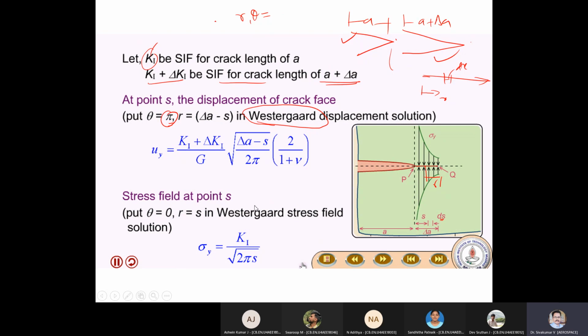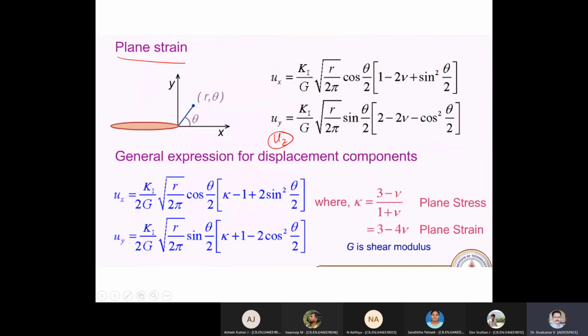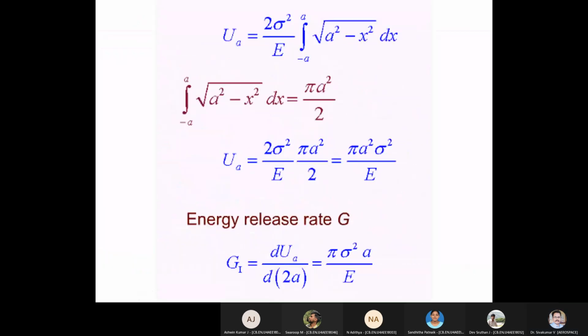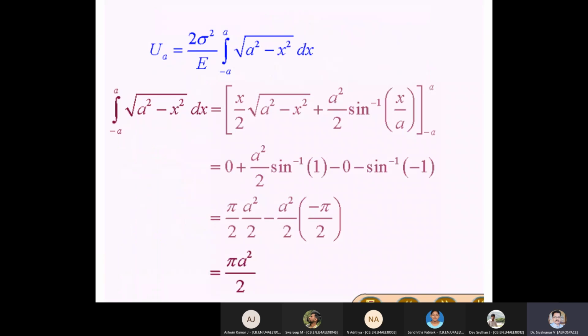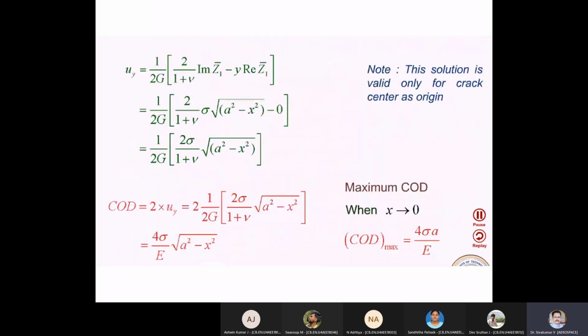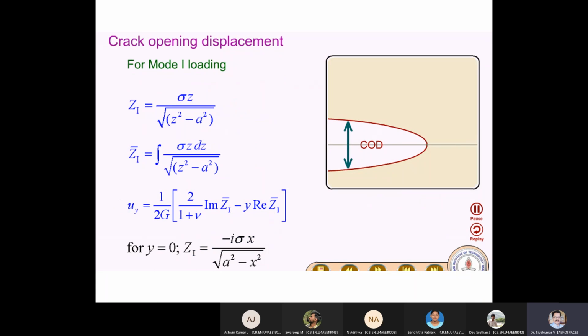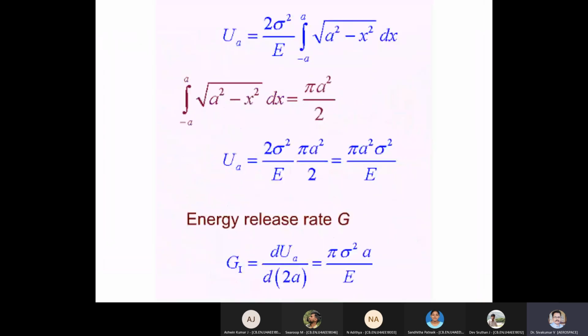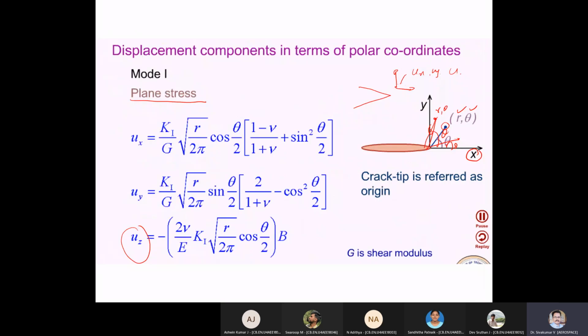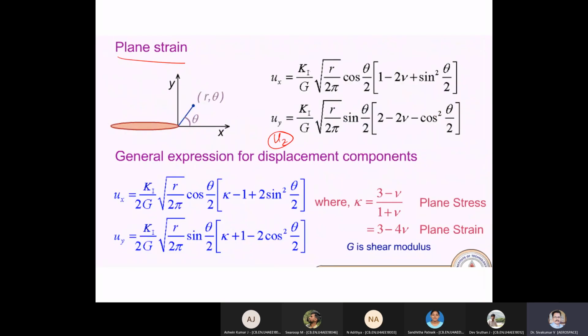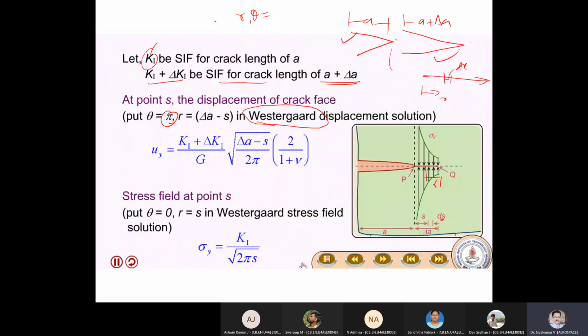Now I want to find the stress. What is the formula to find the stress? The stress formula is not given so far, but you can find the stresses, because here only the displacement is given, not stresses.